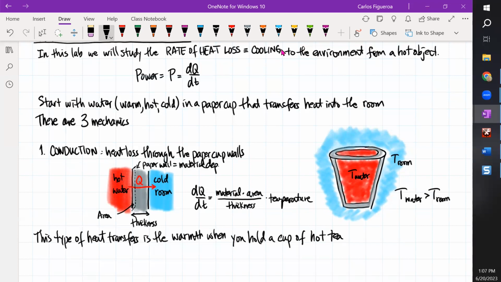So in this case, what you're seeing here is that there is heat that is being transferred from inside the cup to outside the cup. And this process is what we call conduction. So if I look at this guy here, here's what I have here.